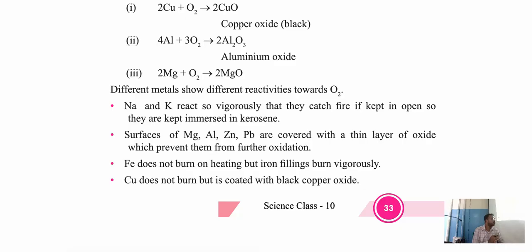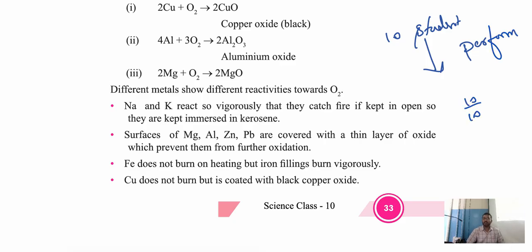Understood? Concept is clear. For example, in a class we have 10 students. We know very well that all the 10 students will not perform in the same manner. Someone may take 10 out of 10, another 10 out of 10, someone may take 7 out of 10, someone may take 3 out of 10.